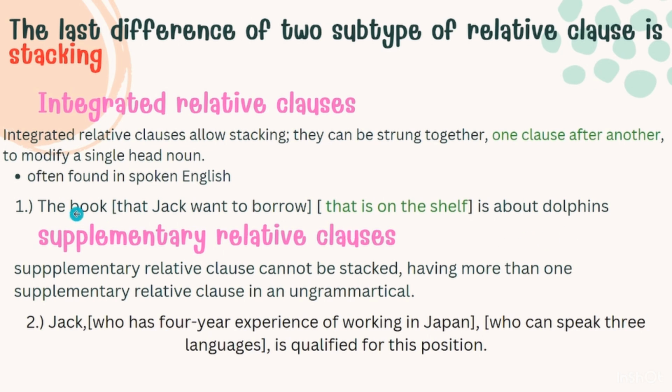For example, the book that Jack wants to borrow that is on the shelf is about a dolphin. The supplementary relative clause cannot be stacked. Having more than one supplementary relative clause is ungrammatical.